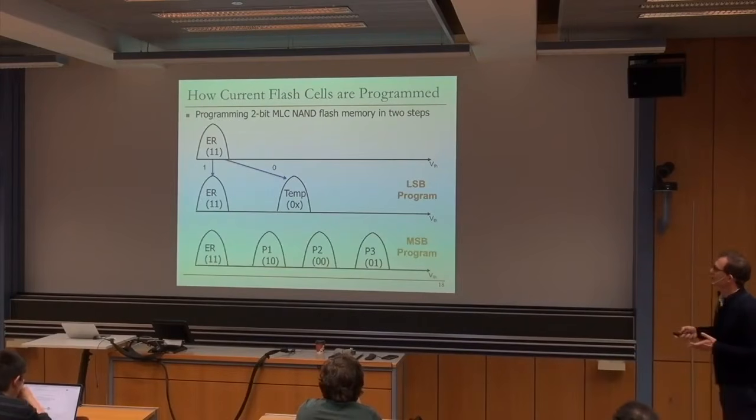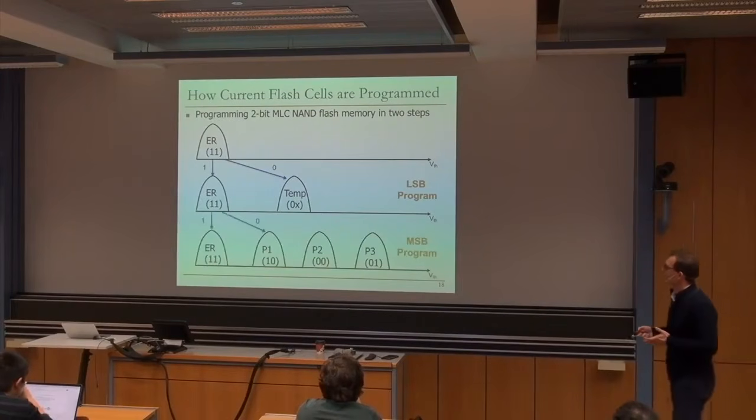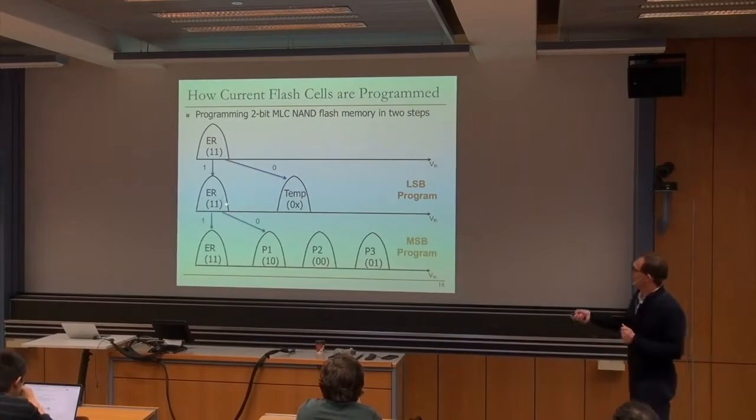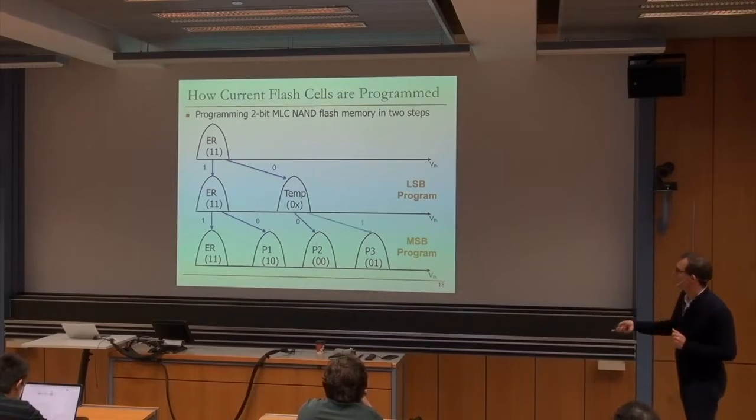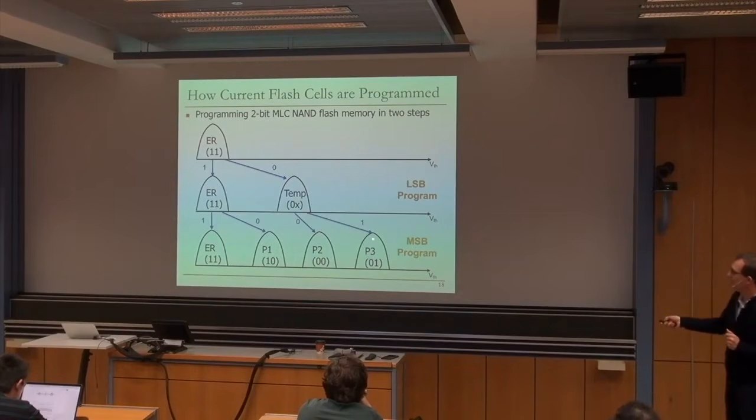And then you program the most significant bit. If your most significant bit is 1, you move from the erase state to this P1 state by adding some more voltage. And if your most significant bit is 0, you go from this temp state to this P2 state by adding some more voltage. In this case I encoded things a little bit differently.